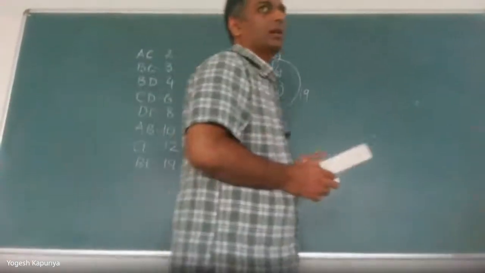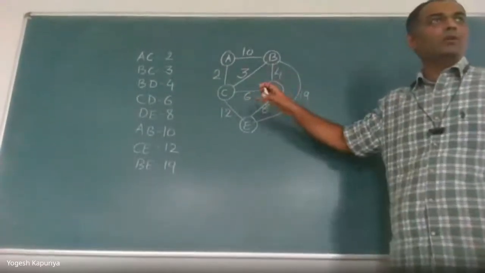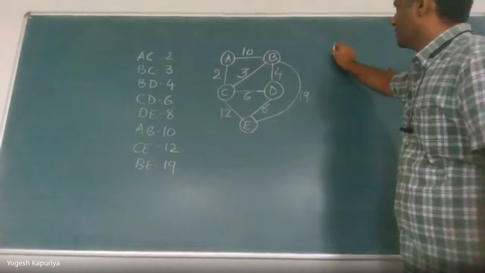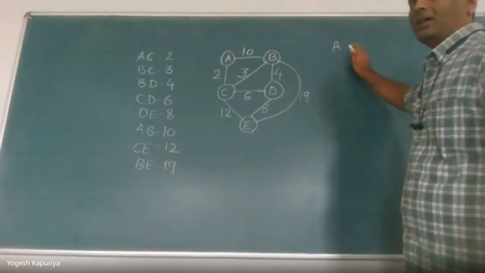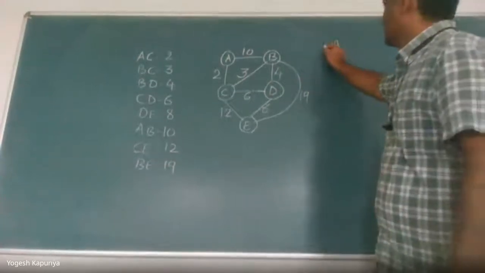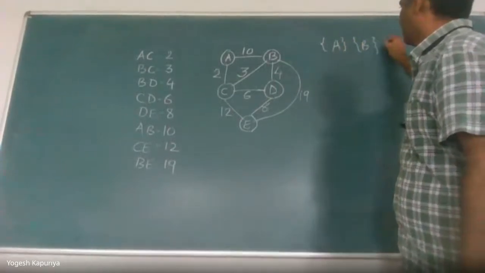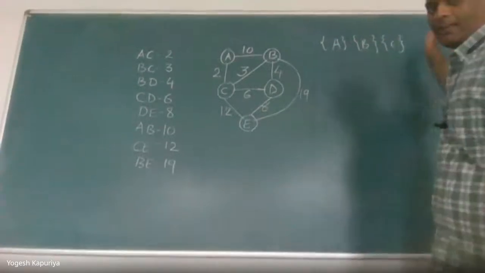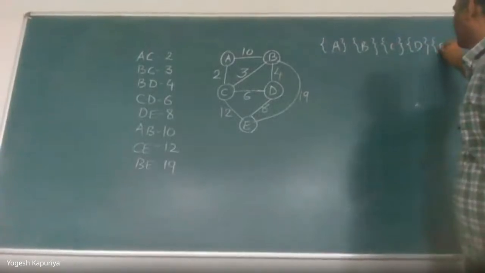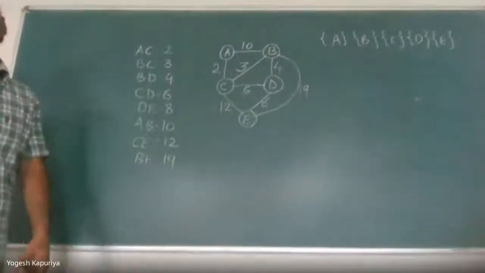Now, Kruskal uses a data structure called set. So graphically we will see, or how we can put it in list form, that also we will see. Initially it is assumed that all the elements are independent. All the vertex elements are independent sets. So we can represent it like this. So we have A, B, C, then D, and E. There are 5 vertices and each of these is independent initially.